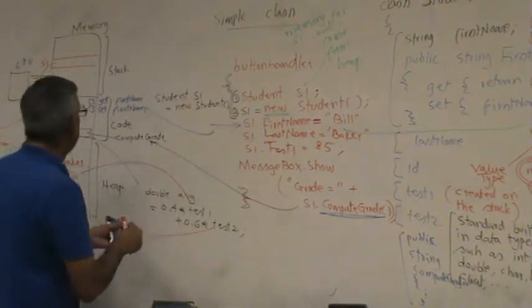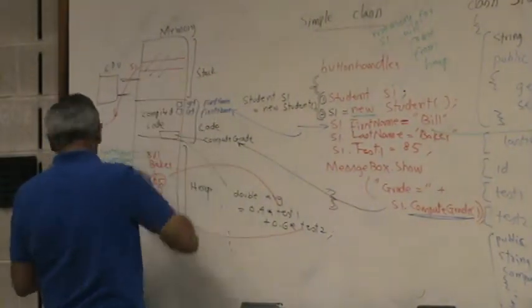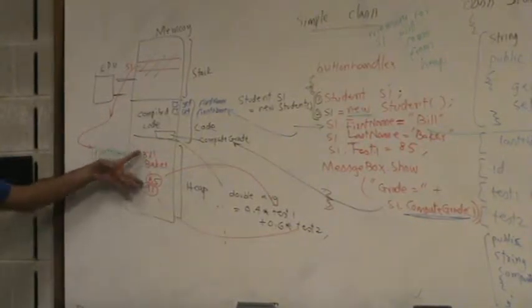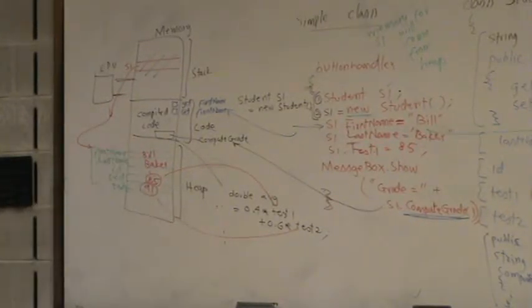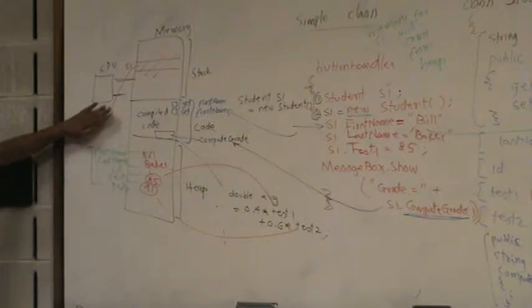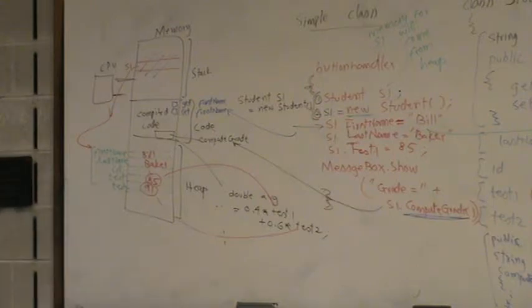So S1 will be automatically deleted. So now here's the problem. Since S1 went away, this memory is still there, okay? However, we have lost all connection to this memory. So this will be what is called a memory leak, okay?